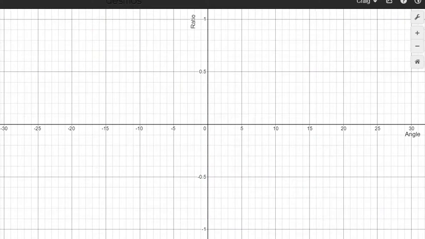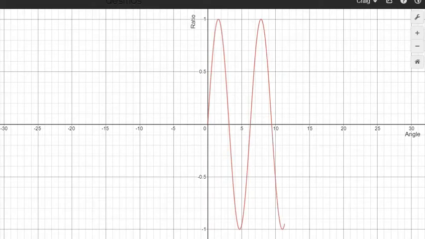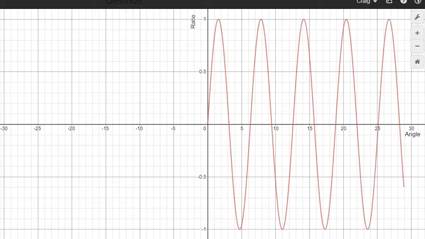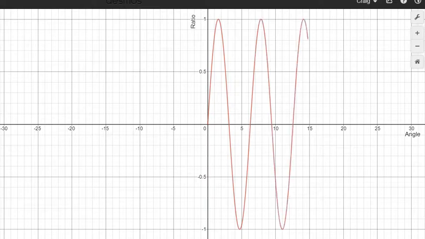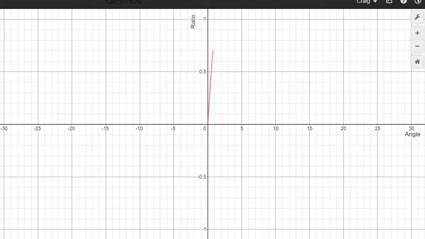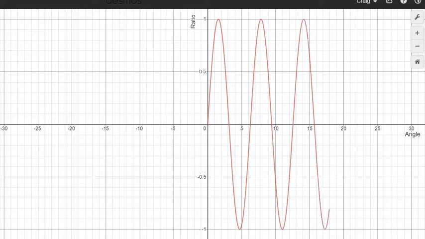Now if we go to this Desmos function, notice that if we play it, look what happens with the sine function as we keep going over a different range of angles.